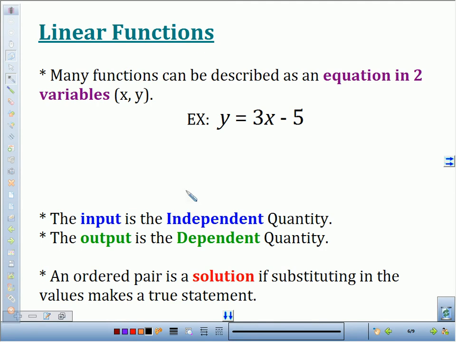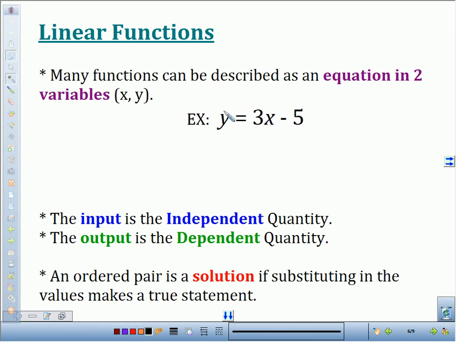All right. Many functions can be described as an equation in two variables, essentially what we've been saying. If we have an equation that has an x and a y, we have a function that is an equation in two variables, x and y. An example of that would be y equals 3x minus 5.